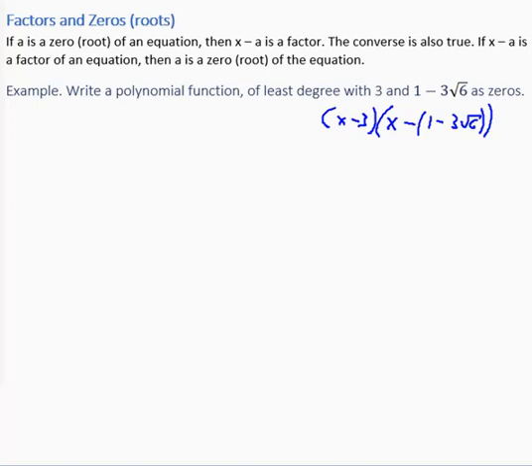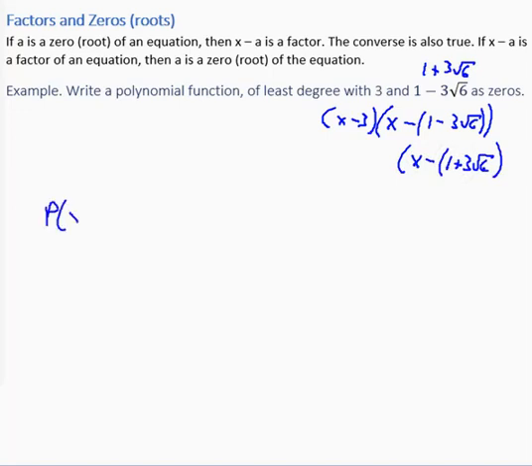Now we have to put one more here because 1 minus 3 root 6 is a 0, which means 1 plus 3 root 6 has to be a 0 also. And so another factor here, should have written this out better, is x minus this number. And so we could write a polynomial.